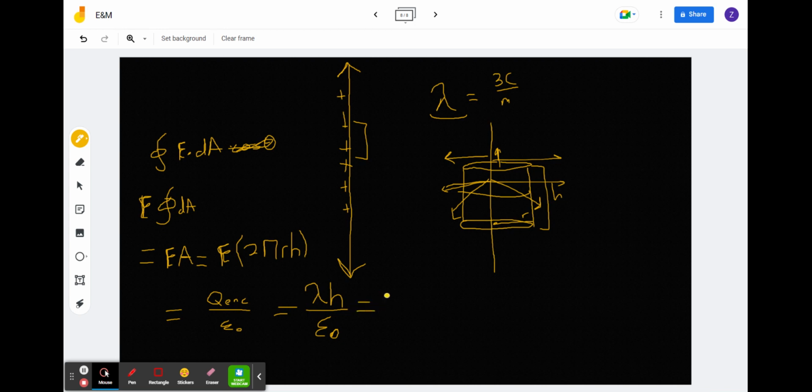So if we set this equal to our expression that we derived, E times 2 pi r h, we can cancel out the h's, and what we'll get is that the electric field due to an infinite line of charge is going to be the linear charge density divided by 2 pi epsilon naught r.